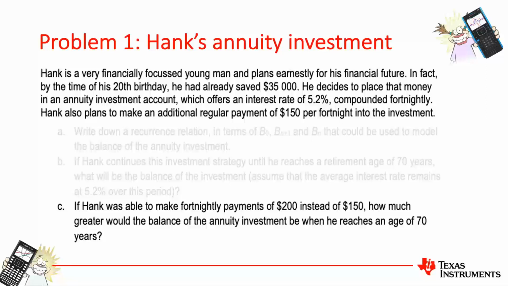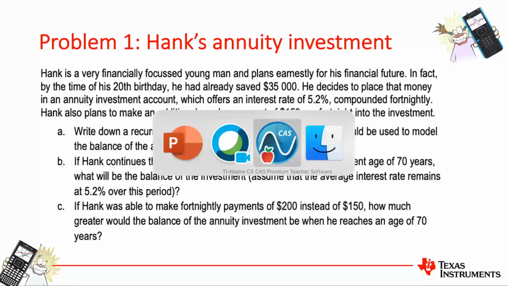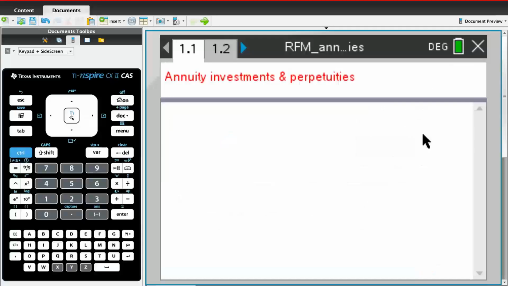So let's go to the calculator now and have a look at this. And you might have already had a go at this, but let's begin. So first of all, in order to work out the recurrence relationship, we need to know what the multiplier is, the big R value.